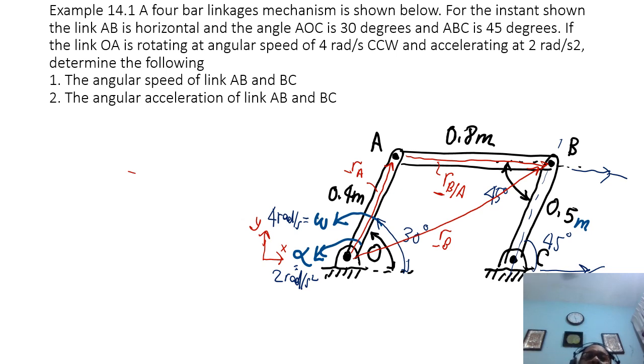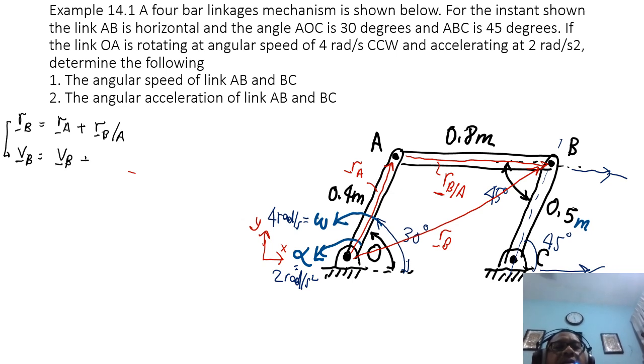After that, I would write down the position vector equation. Position vector B equals position vector A plus position vector B relative to A. With that, I can write down the velocity, following the same nomenclature: VB equals VA plus velocity B relative to A. And we can write the acceleration equation too: acceleration B equals acceleration A plus acceleration of B relative to A. So that's the first step, I have all the equations.